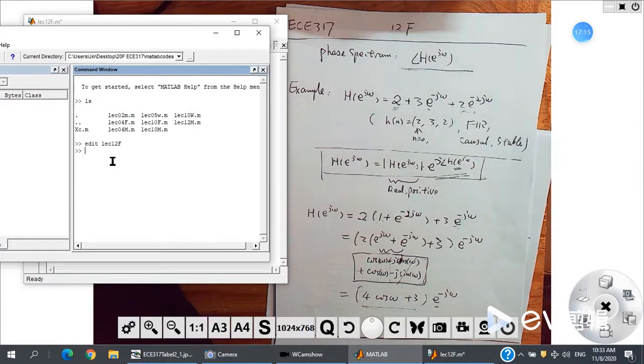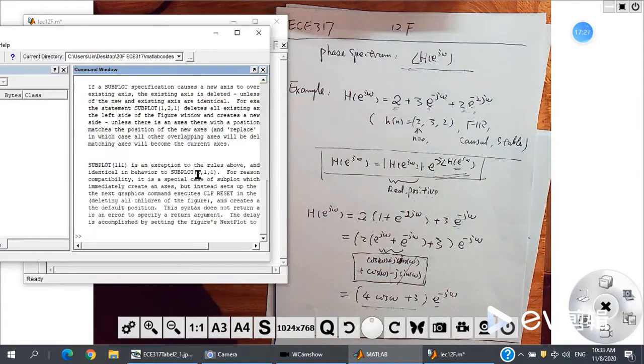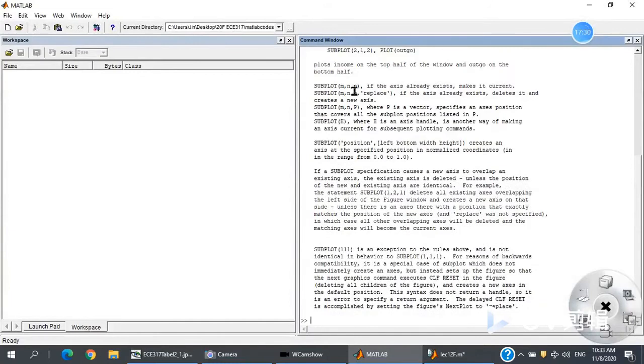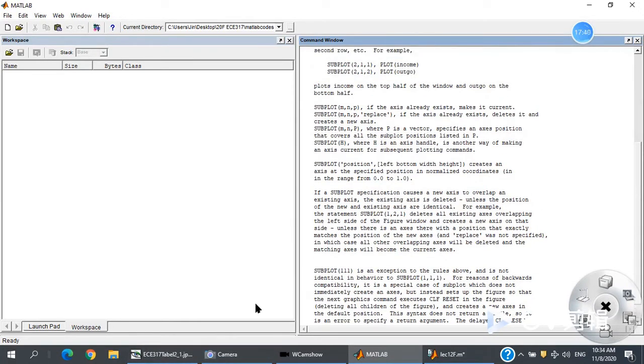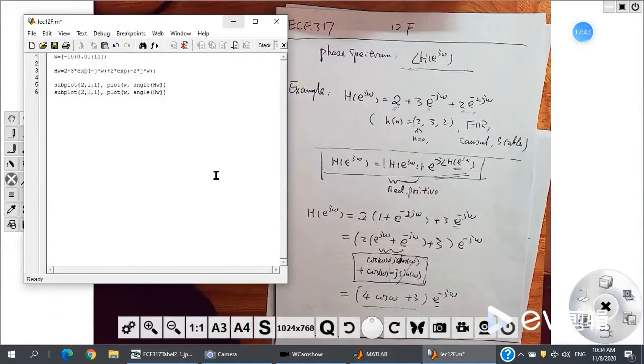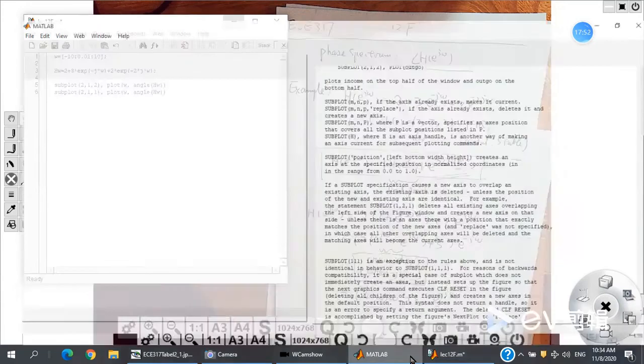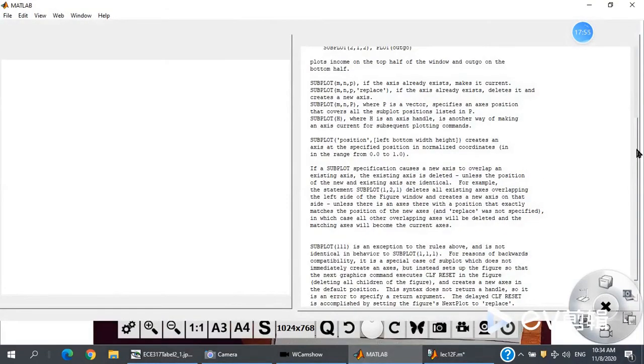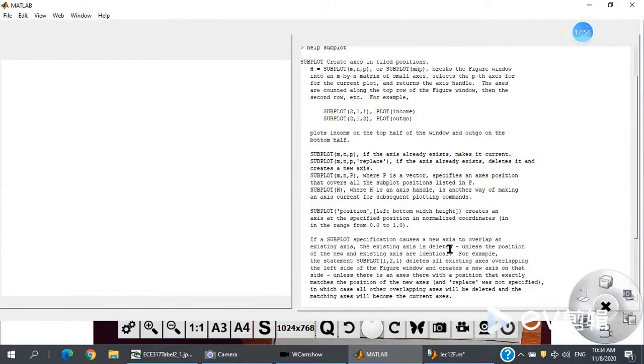Let's see here. Subplot 2, 1, 2 and plot.